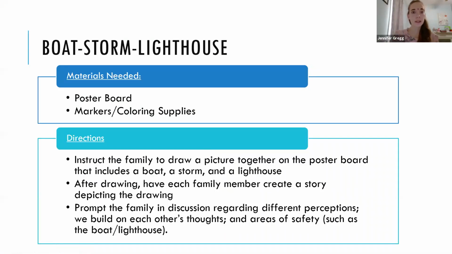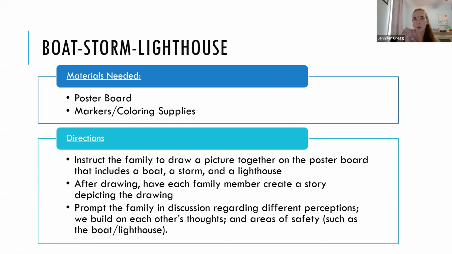All right, so the next intervention that we can try to use in family therapy is the boat, storm, lighthouse. And this is a really strong intervention. It allows, again, for that cohesiveness for families to communicate, but it also allows you an opportunity to observe how things are going.